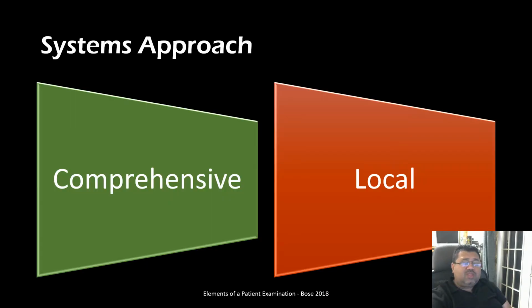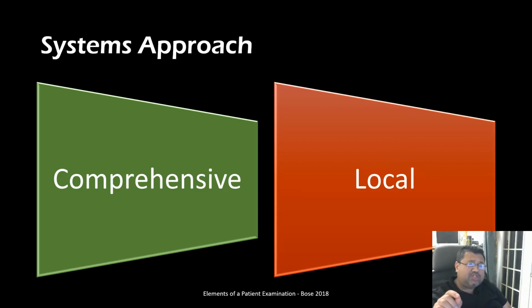Now, the systems review can be either a comprehensive systems review or a local systems review. In general terms, if you are doing a comprehensive systems review, you go for the individual 12 to 13 systems of the body as you've learned it, and then you perform examination requisite to each system. For each system, there are a few things that you look into.